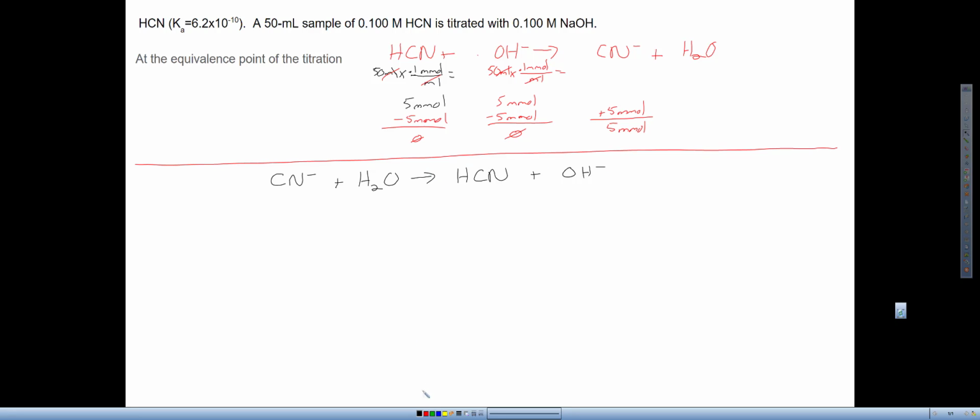Well, what do I start with? I know my cyanide. And I added 50 milliliters. I added an equal amount of this. And I don't have any of this nor any of this.